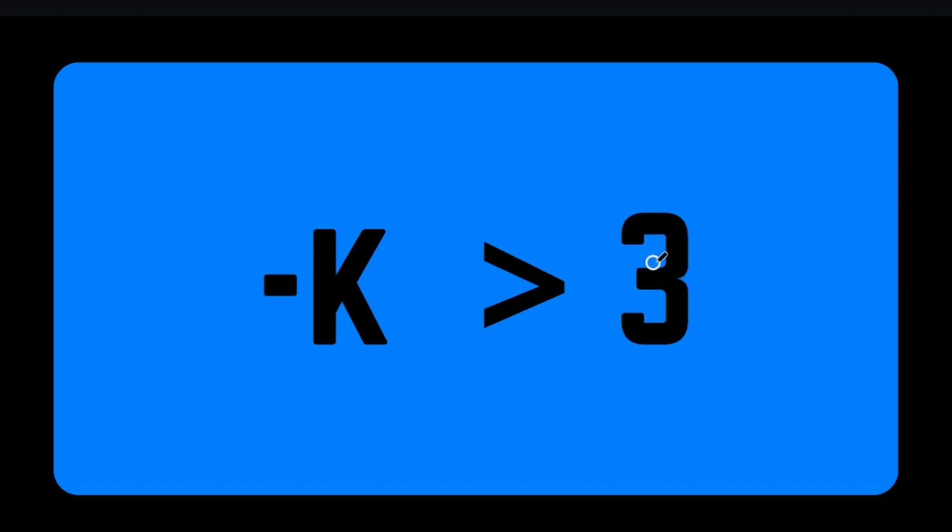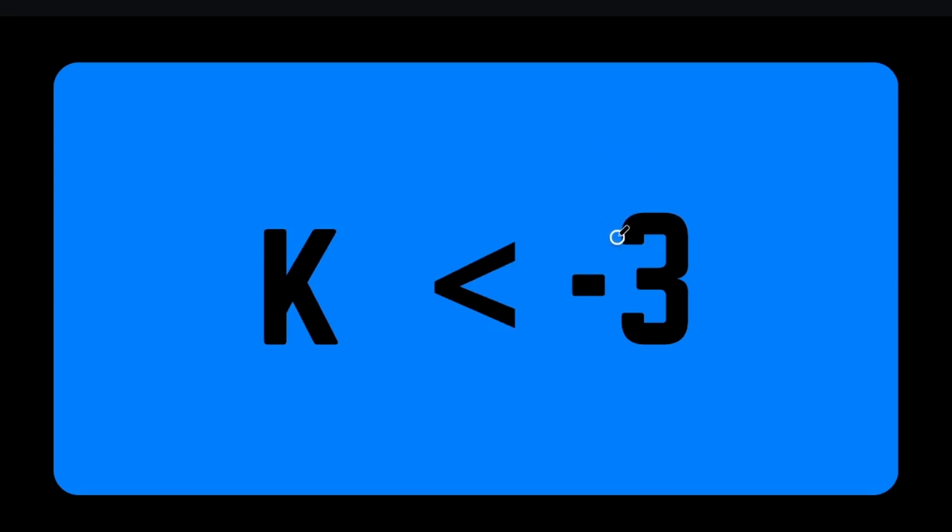And like I said before, now we have a negative number, but the variable must always be positive, which means that to make this k positive, we have to divide by -1 here, and also divide by -1 here. Or as I would like to say it, you make this side positive, this side must become negative, must switch. So that will give us k is lesser than -3. And we switch the sign, as you may have noticed, because when you divide by negative numbers, the sign also switches. And this is the answer to the equation.